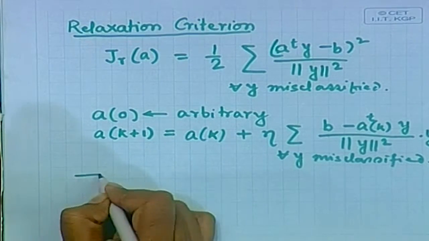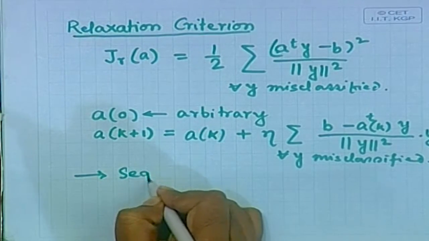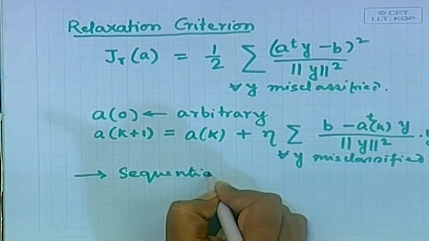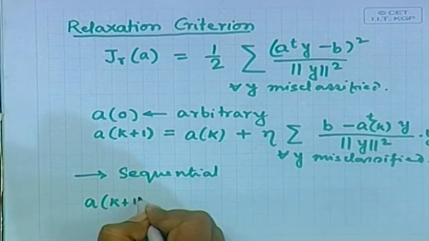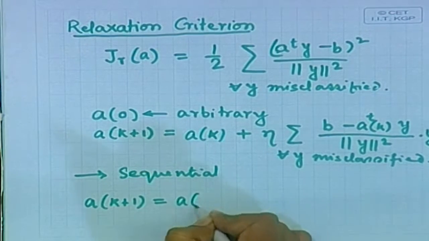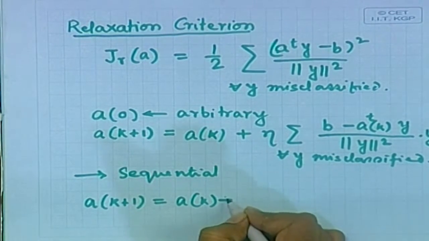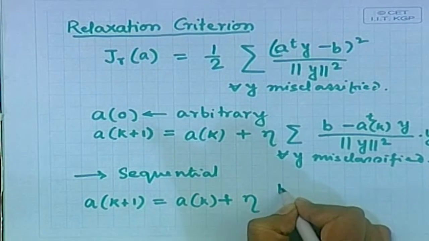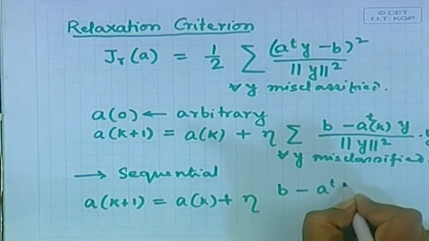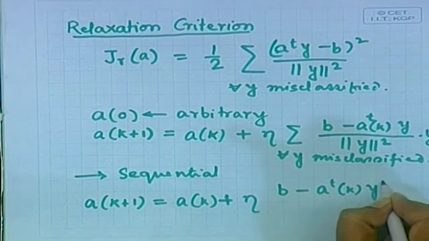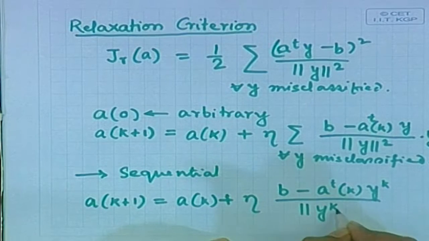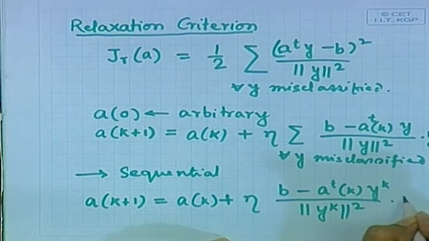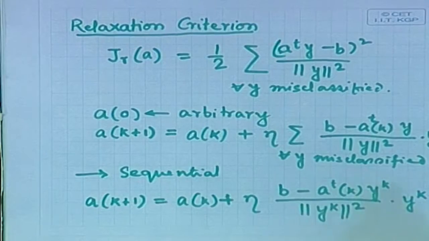And then we have seen the corresponding sequential version, where the updation rule is modified as ak plus 1 is equal to ak plus eta times (b minus ak transpose yk) upon mod of yk square, into yk, where yk is the sample which is misclassified by the weight vector ak.